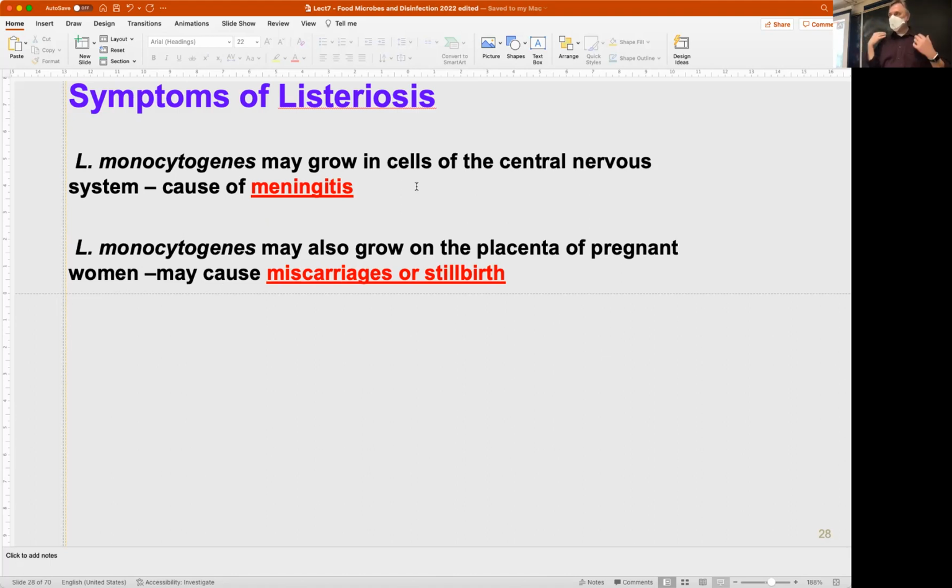What happens is the bacteria get into the nervous system and cause meningitis. And meningitis brings a severe headache, and it can cause brain swelling, and this can be fatal. So it's a very, very serious condition, and it requires really serious medical treatment.